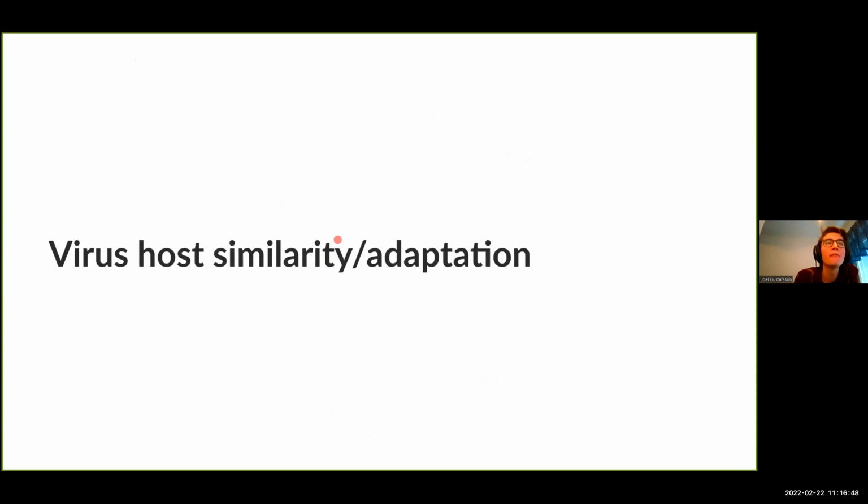So I hope I've convinced you that at least some viruses have a strong preference for adapting towards a specific k-mer preference. But how does the cellular environment of the host impact this? And to do that, we also have to look at the genomes of the hosts, right?